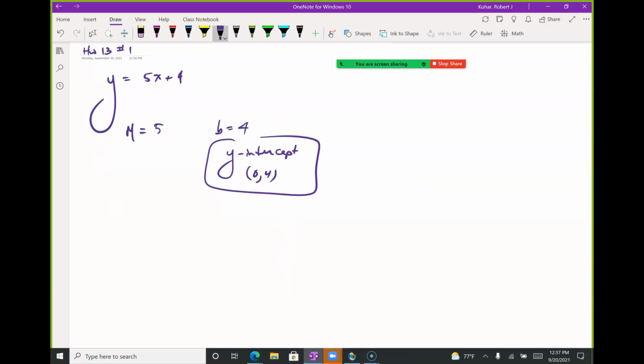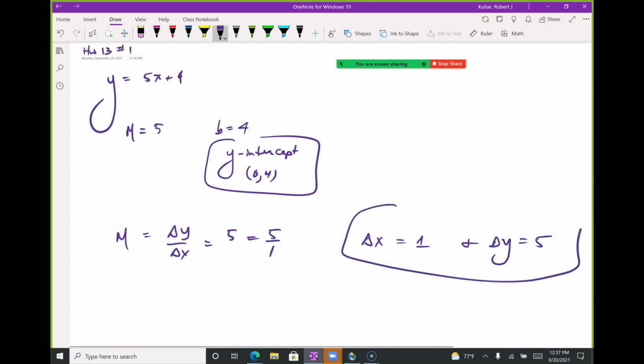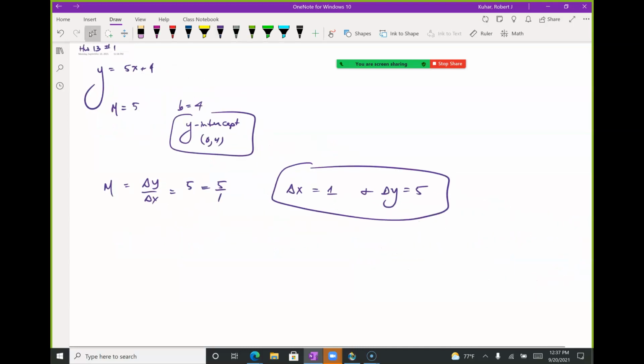The other thing I guess I would want to think about here is m is delta y over delta x. So that's 5, which is 5 over 1. So delta x is 1, and delta y is 5. So as I'm moving my x values by 1, my y values should move by 5, right?